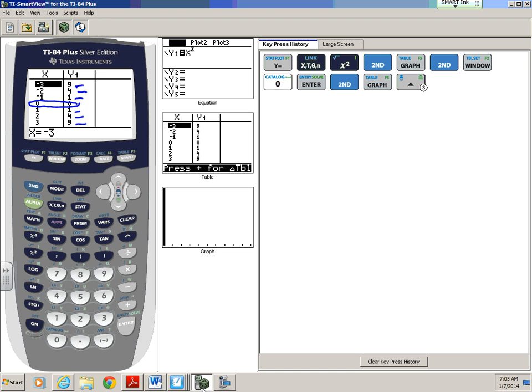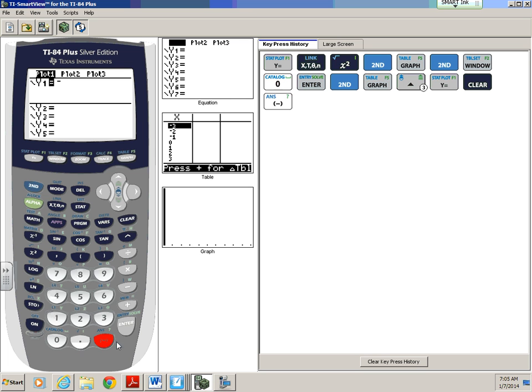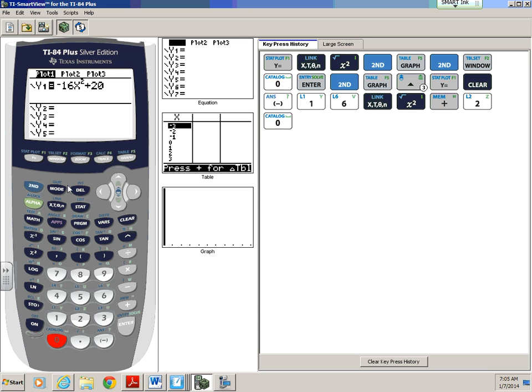I'm just going to go to my computer to put this in because the orientation is a little off. One of the things when you do this, I'm going to go to y equals, clear that out. Now remember, you put the negative sign that's under the 3 in first, -16 x squared plus 20, and I call up my table of values.